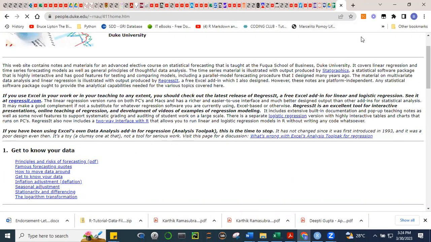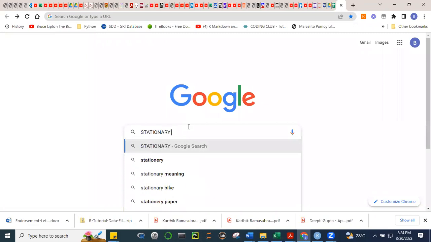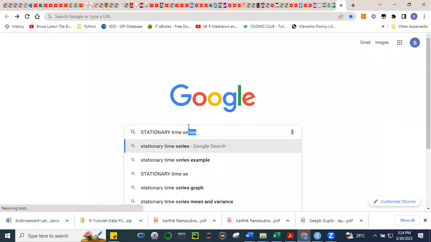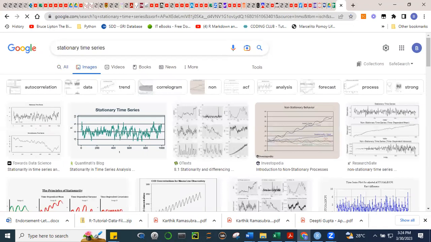Okay, not here. So let's just Google it. Stationary time series. Okay. So quickly, a stationary time series is one whose properties do not depend on the time at which the series is observed.